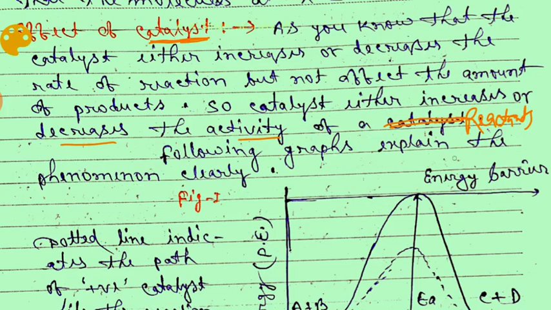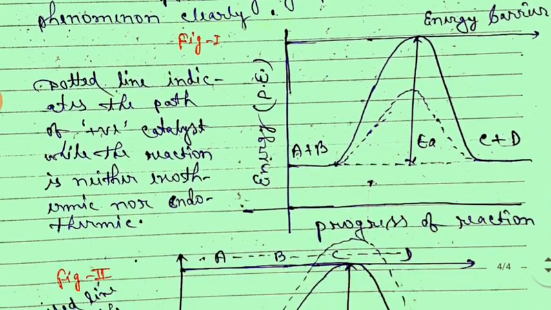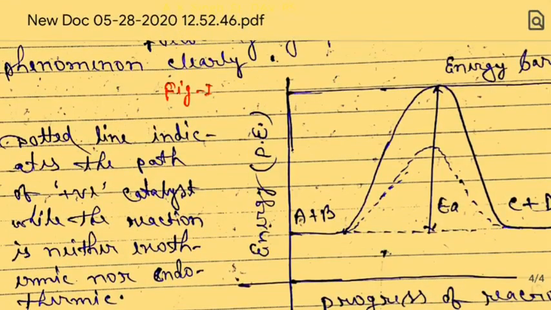The following graph explains the phenomenon clearly. Again, you have to see the graph clearly one by one. There are two graphs here. In the first case, positive catalyst is used. In the other case, negative catalyst is used. In this graph, figure 1 is written. Again, on the x-axis there is progress of reaction.